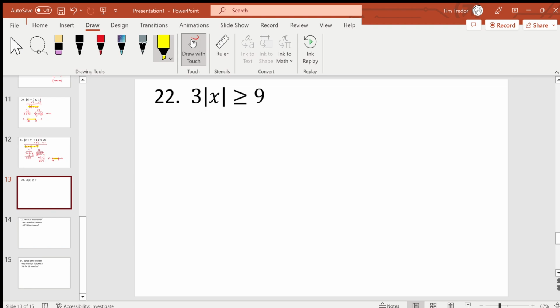All right, number 22, I've got 3 times the absolute value of x is greater than or equal to 9. If I divide both sides by 3, we'll get the absolute value by itself. So absolute value of x is greater than or equal to 3. Case 1, just drop the absolute value symbol. X is greater than or equal to 3. Case 2, replace the absolute value with negative parentheses.